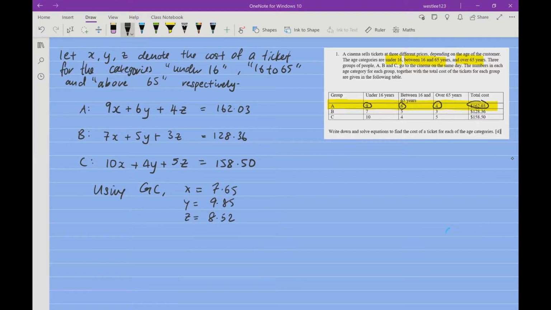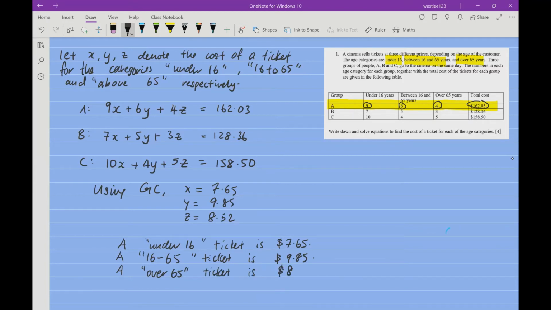So under 16 ticket is $7.65, 16 to 65 ticket is $9.85, over 65 ticket is $8.52. Okay, and there you have it, the equations as well as the values of the unknowns.